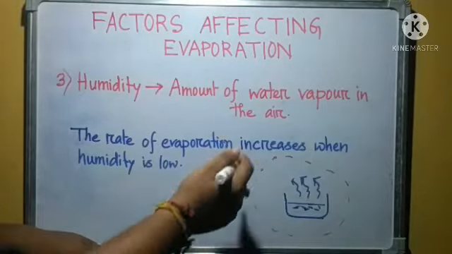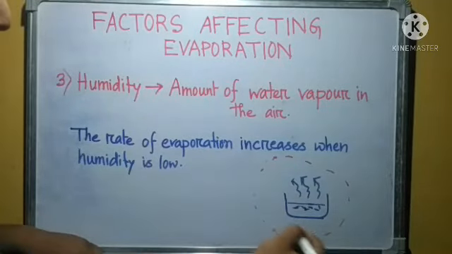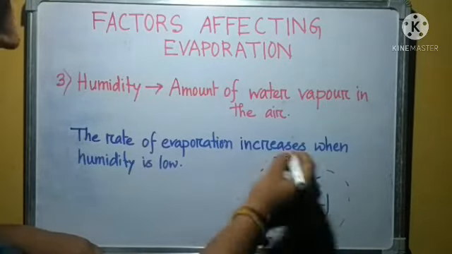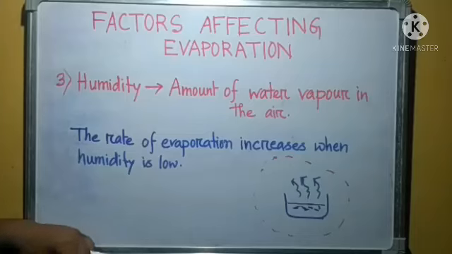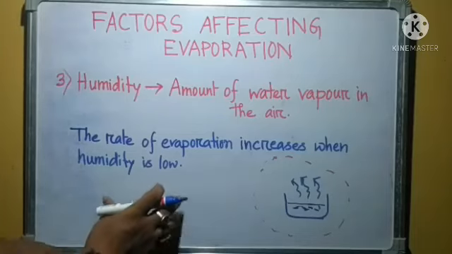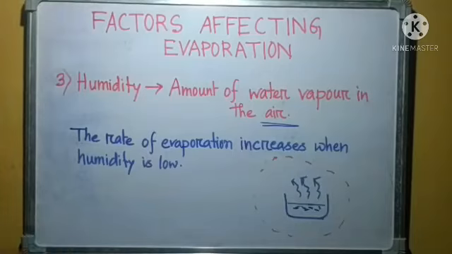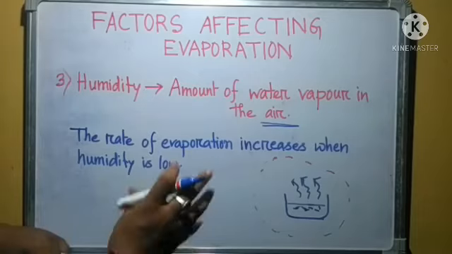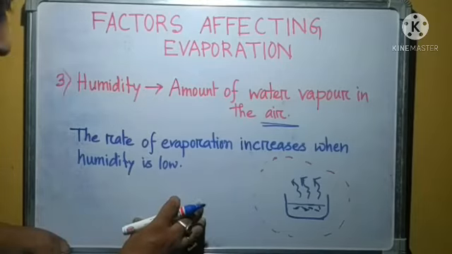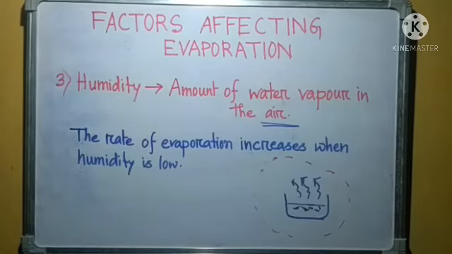When water is evaporating, it is surrounded by air. The air always has a definite amount of water vapor, and it has a capacity: air can hold only a fixed amount of water vapor, and after that it cannot hold any more.